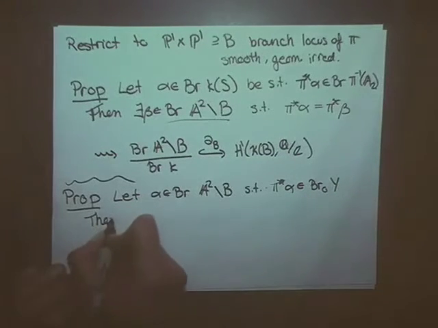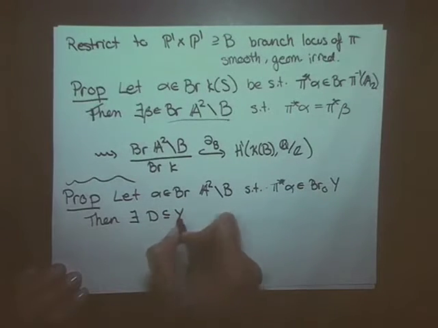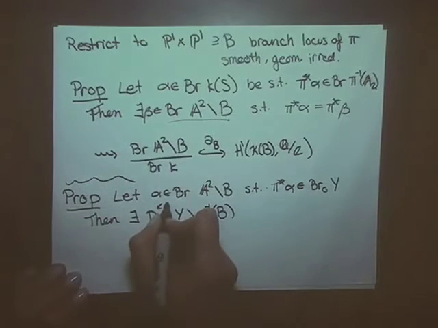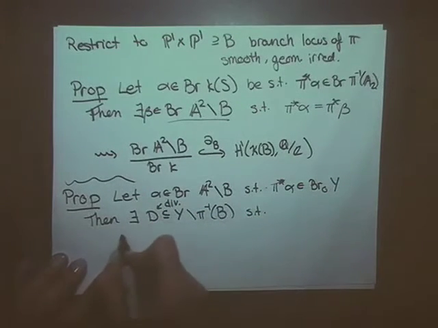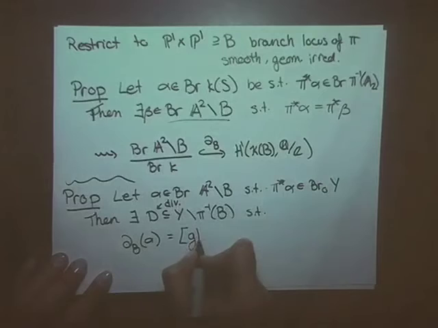Then there exists a divisor D on Y away from the branch locus such that the residue of this algebra is equal to, okay, let me just finish writing and then I'll go back.